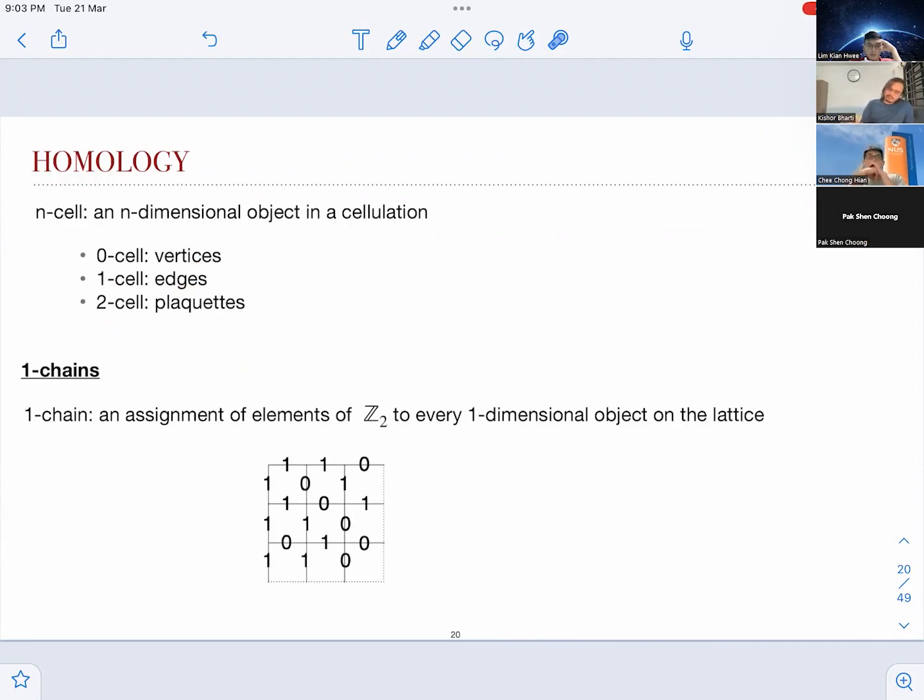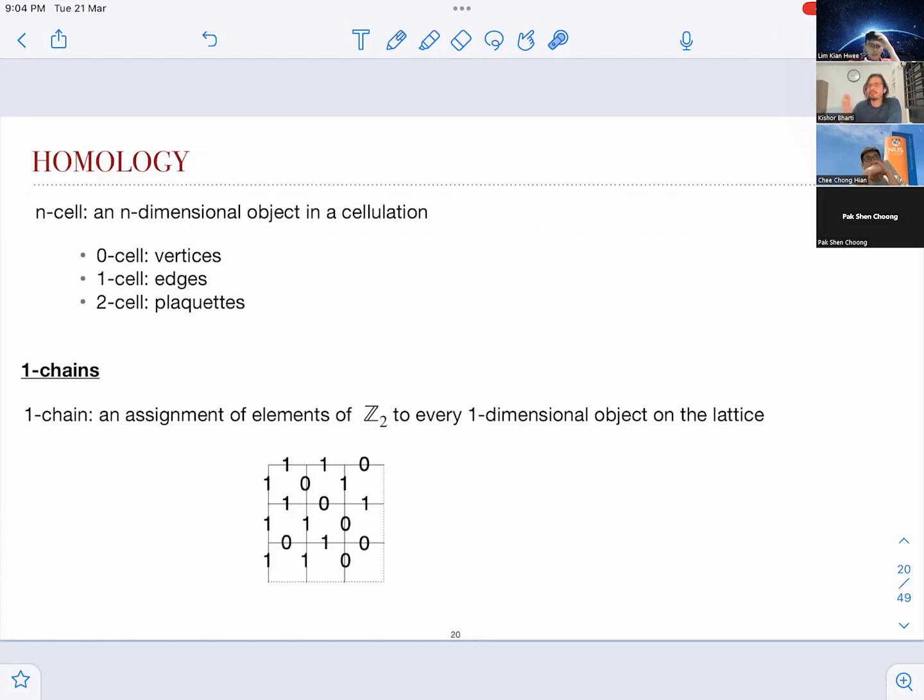Using these notions, we will assign something called a chain. This chain will be very useful. So what is a one chain? A one chain is nothing but an assignment of elements of Z2 to every one-dimensional object on the lattice. This sounds very complicated, but it is very simple. You have a bunch of edges here, and you just assign 1 and 0 to them.